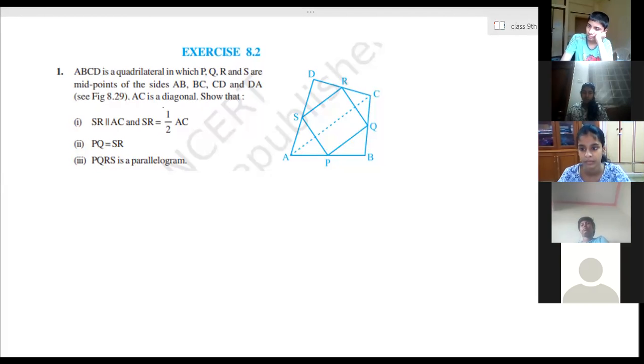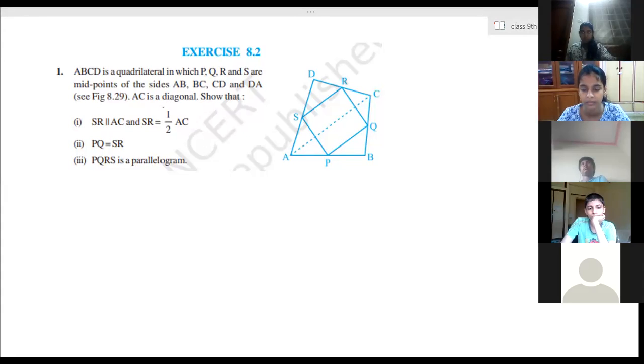With an example, can you explain? Triangle ABC. In your own words, I'm asking. No need to read from the book. I don't know.